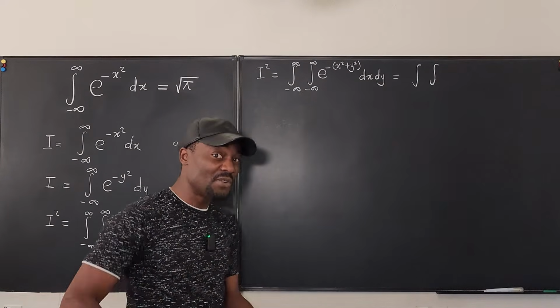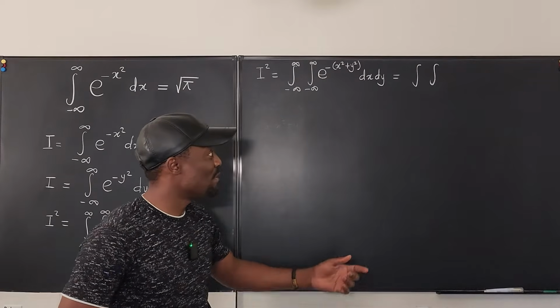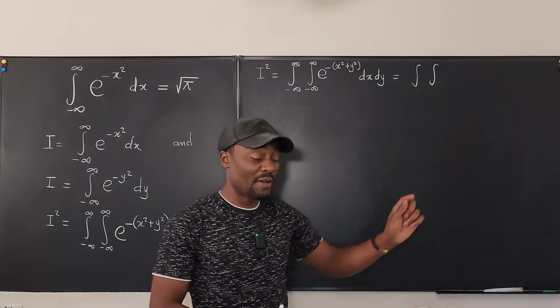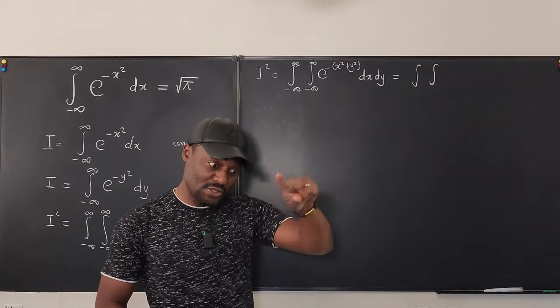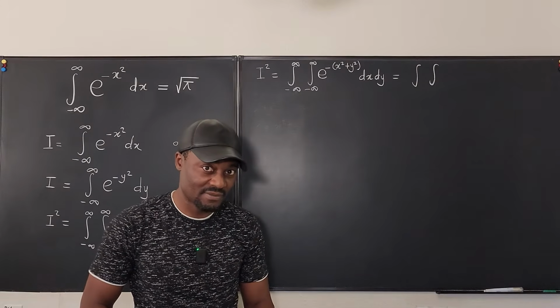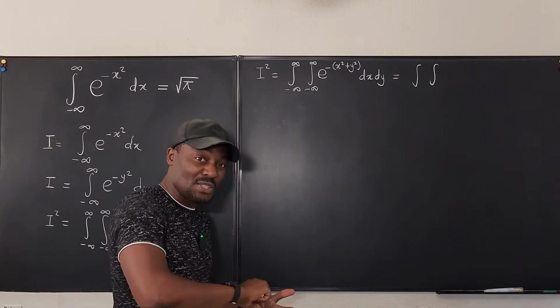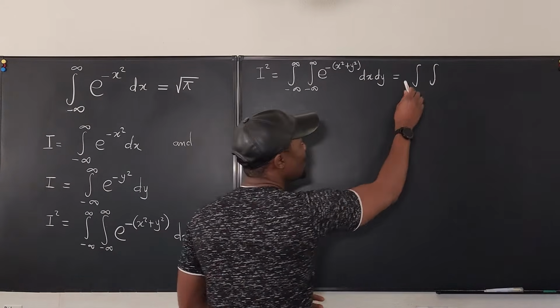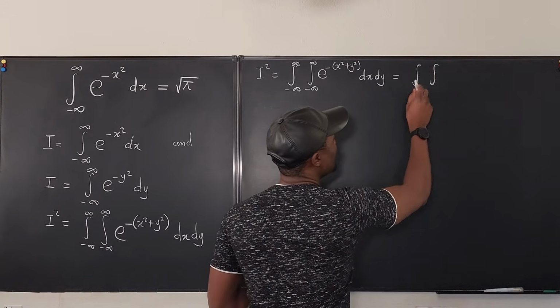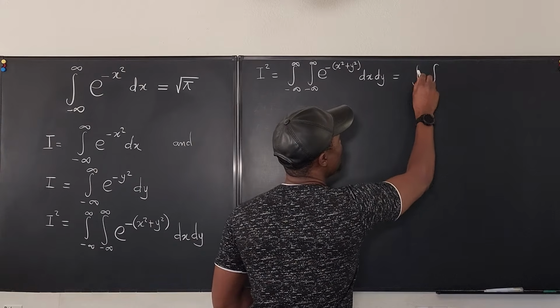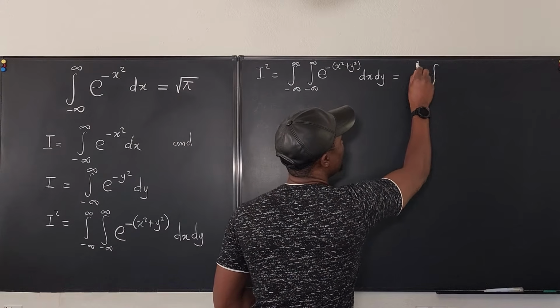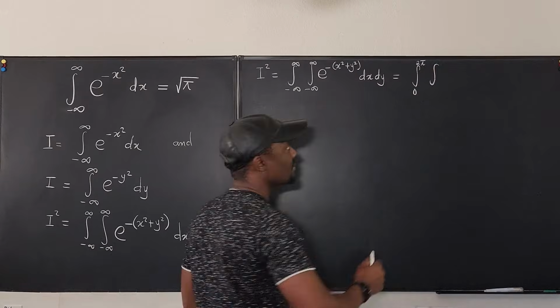Now, if you want to cover everything when it comes to polar coordinates, then you have to go from 0 degrees all the way to 2 pi. So we could replace this with going from 0 to 2 pi, because that's the farthest you can go.